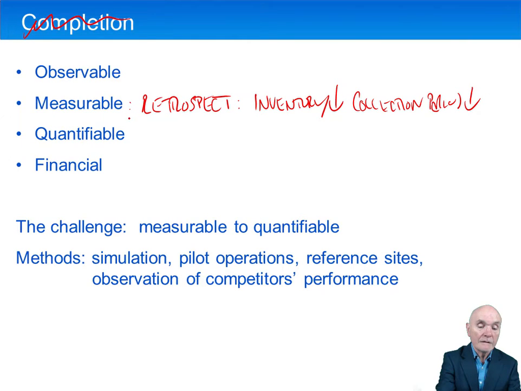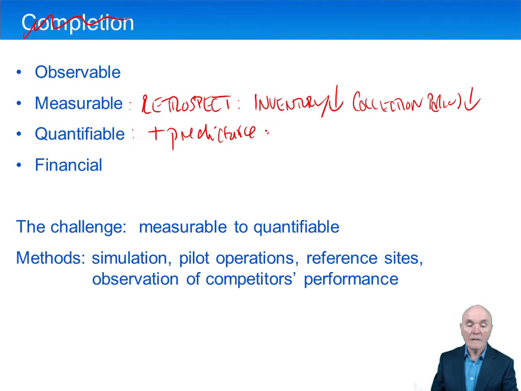What's meant by the term quantifiable here? It is quantifiable and it is predictable. So in other words, we are now willing or able to predict with a certain degree of confidence how the collection period will actually decrease.